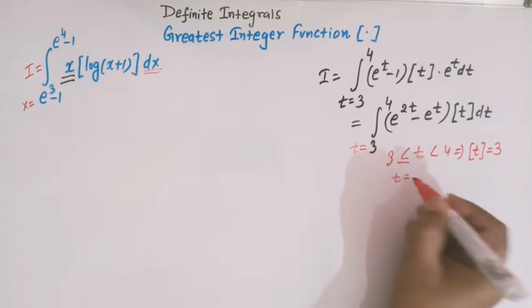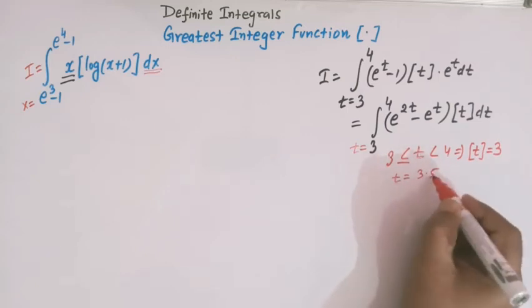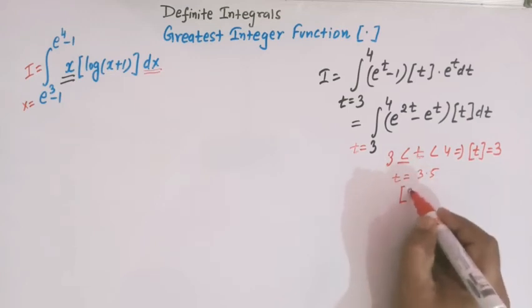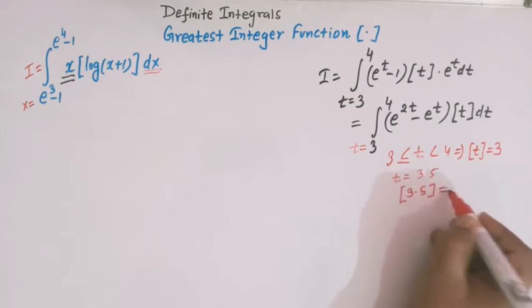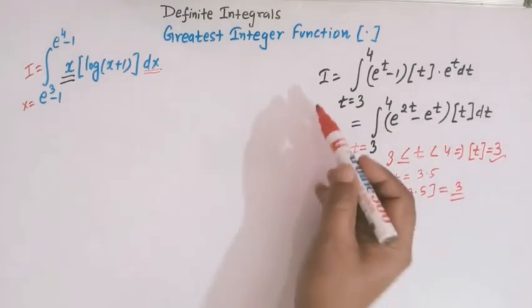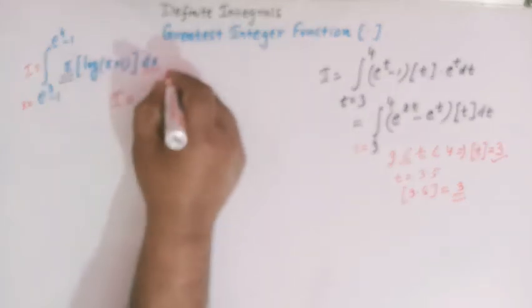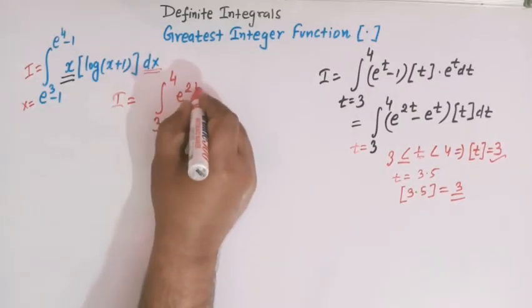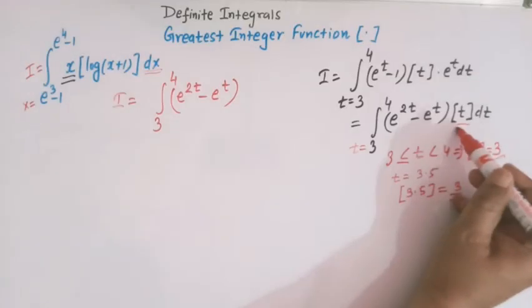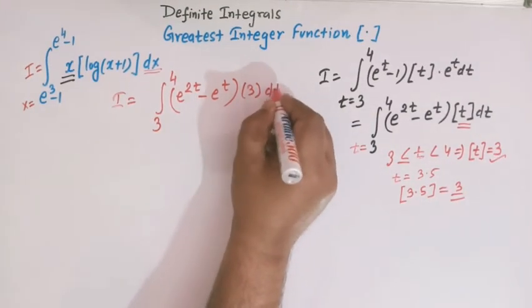Let us take t is equal to, say, 3.5, right? So 3.5 lies between 3 and 4. Therefore the value of greatest integer 3.5 is equal to 3, right? So now we can rewrite this integral I as 3 to 4, and we have e raised to 2t minus e raised to t, and for this greatest integer t we can write 3, and here we have dt.